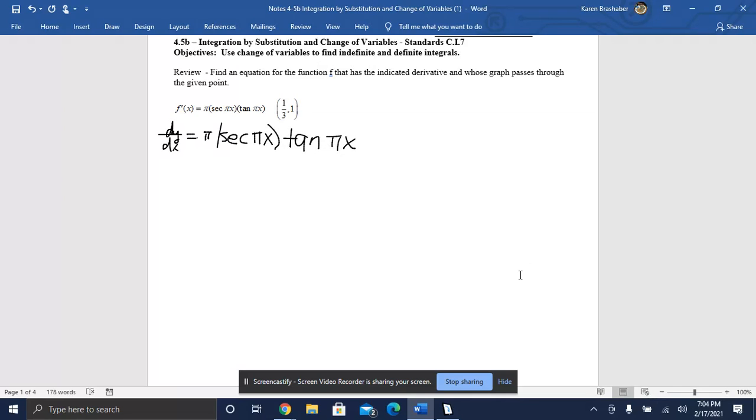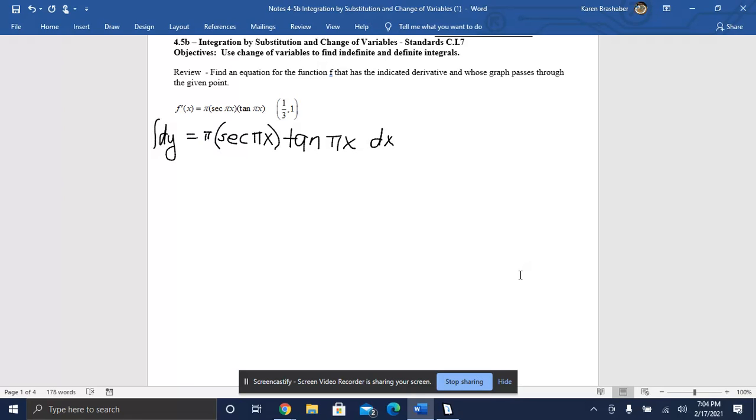And then, without me taking another line, I'm going to erase and move the dx to the other side. So we'll have dy equals this expression and then dx.